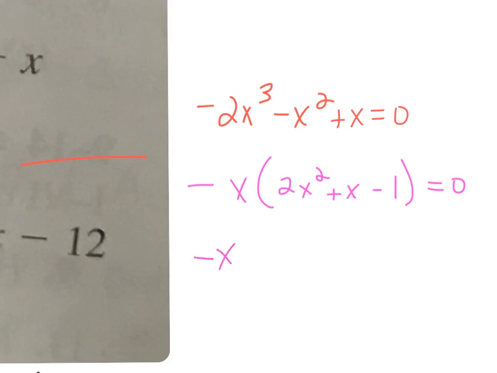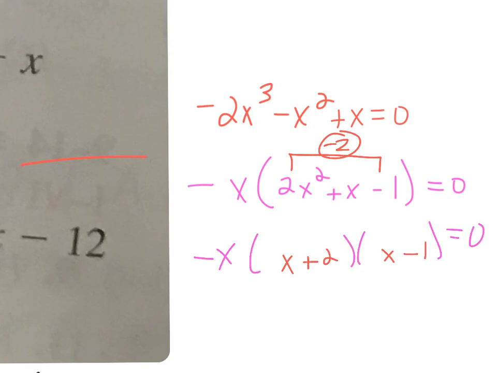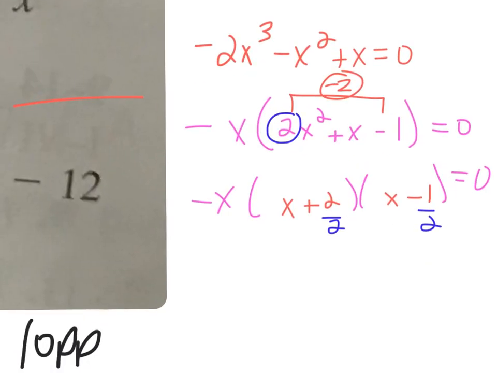So I have negative x, and then when I factor this, 2 times negative 1. So what are the factors of negative 2 that give me a negative 2 when I multiply, but a positive 1 when I add? Plus 2, minus 1. Okay, so x plus 2, x minus 1. And since our a term here is not 1, remember this?